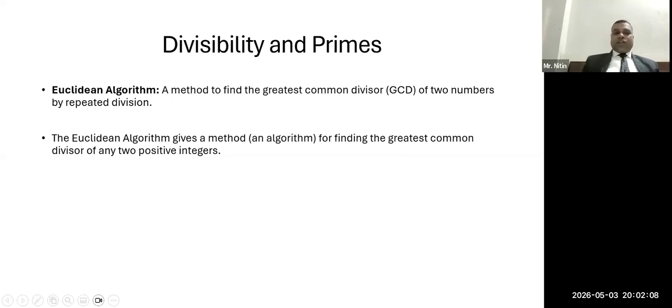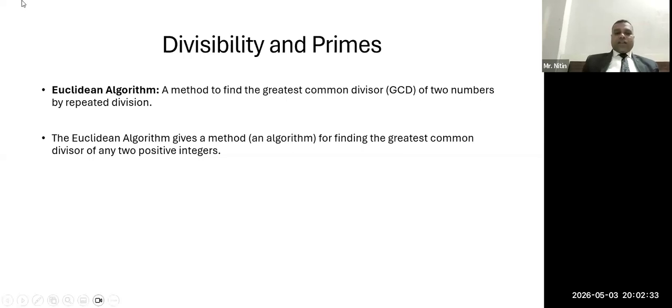So it is used to find the greatest common divisor of numbers by a repeated division process.